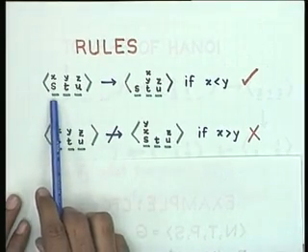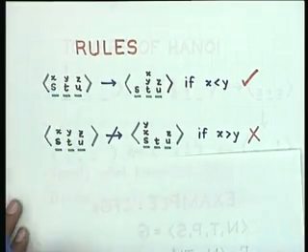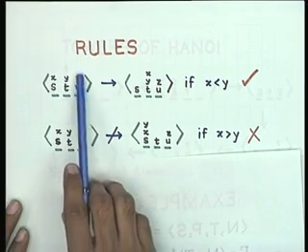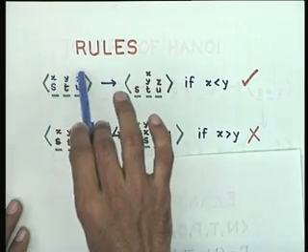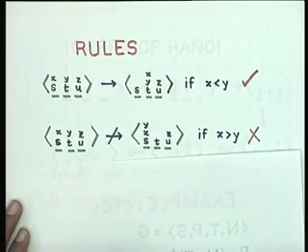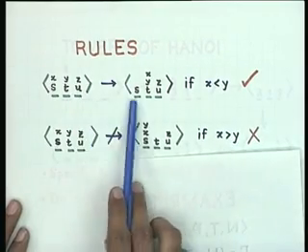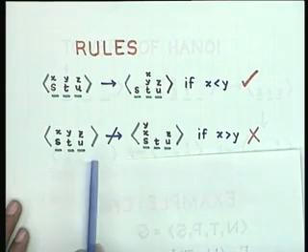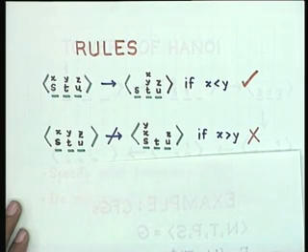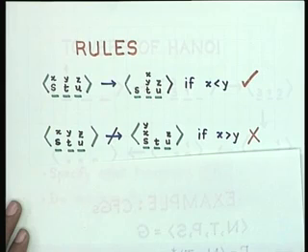If I had a sequence of pegs, let us say S, and there is some X here, there is some T here and there is a Y on top, there is a U here and a Z on top. This X, Y and Z denote the topmost pegs, and S, T and U denote arbitrary strings in the pegs. So this is perfectly fine. You can specify a rule which says that if X is smaller than Y, then this peg from here can be moved on top of the Y.